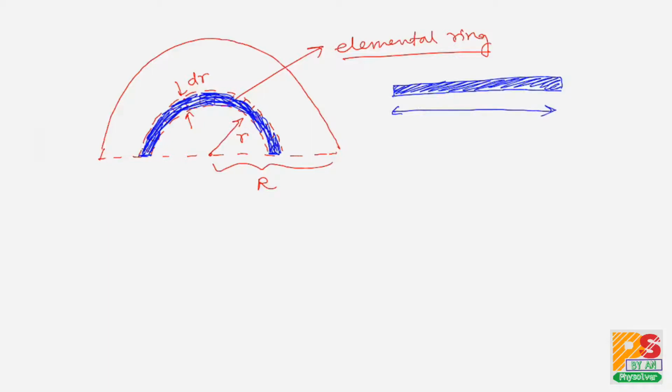The length of this will be pi into r, because this is half the circumference. And what is the thickness? Thickness is dr. Therefore I can say the area of this semicircular elemental ring is pi r into dr. There is another way to find the area.